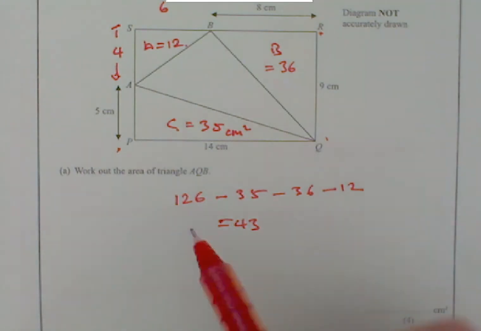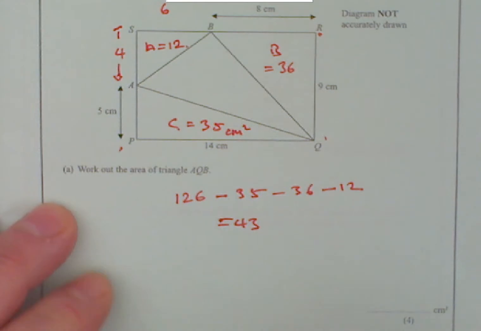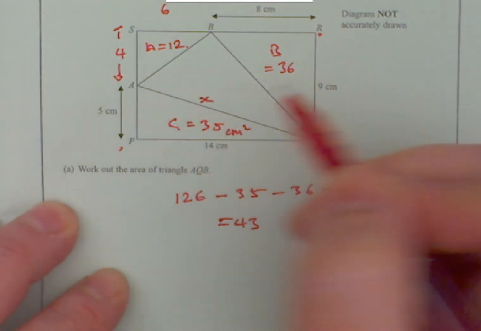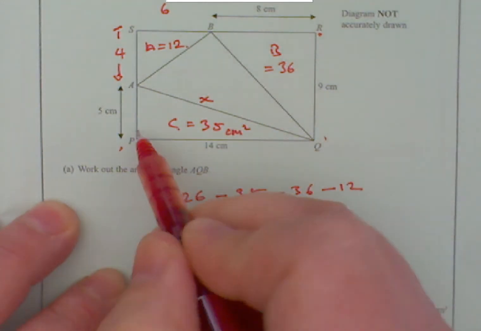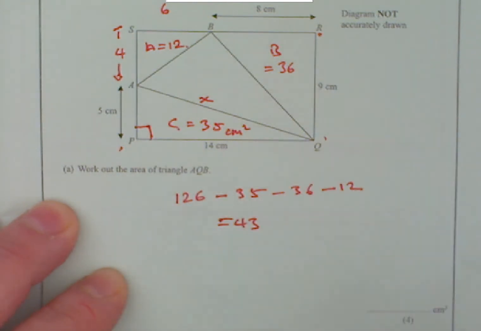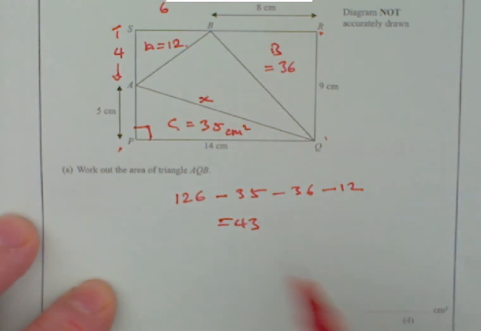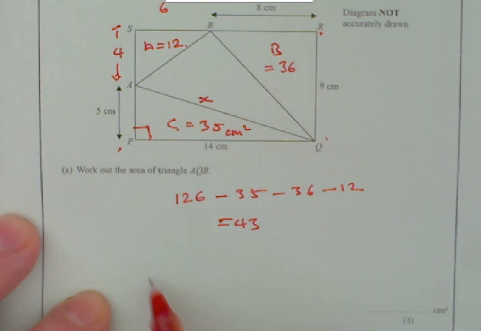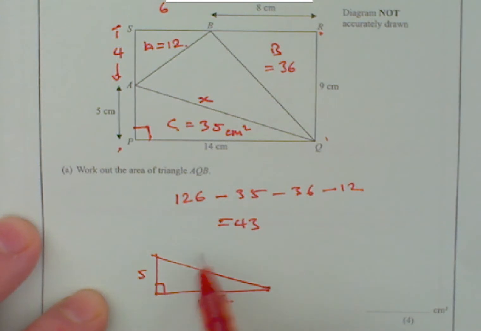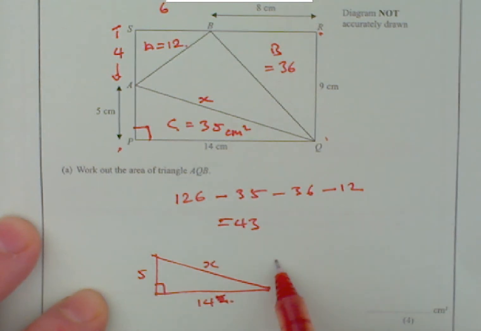Now to calculate the length AQ, which is the next part of the question, I'm going to put AQ is equal to X. And then I've also got a right angle triangle, which means SOHCAHTOA or Pythagoras. And I can see that I've got a short side squared, and I've got another short side squared, and that's going to give me X. So literally the hypotenuse squared is equal to 5 squared plus 14 squared.